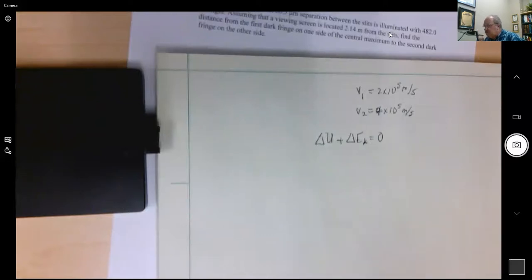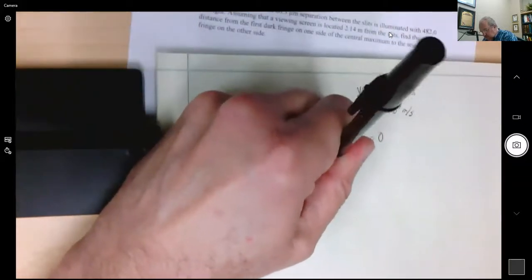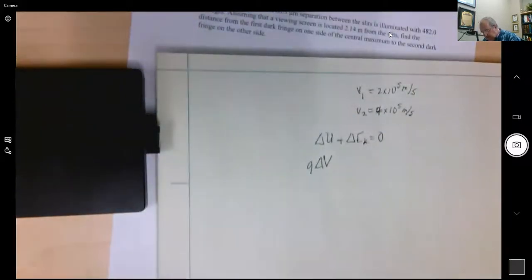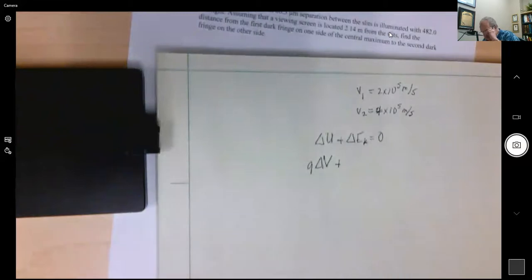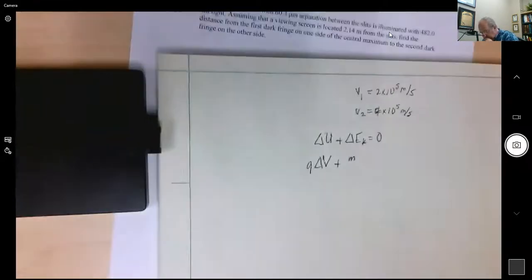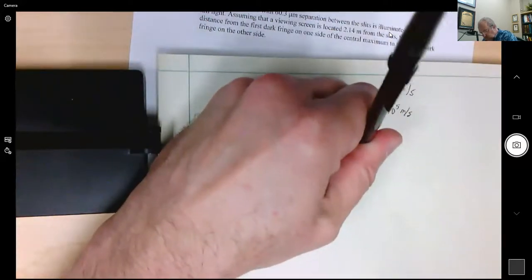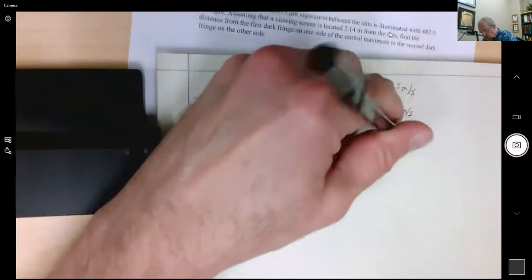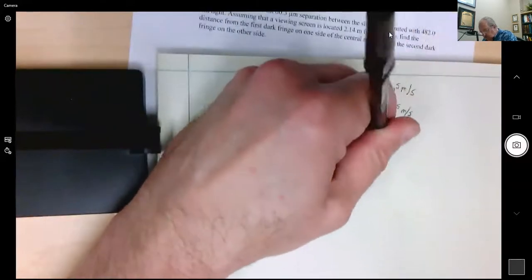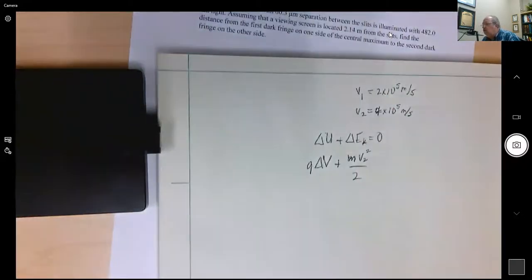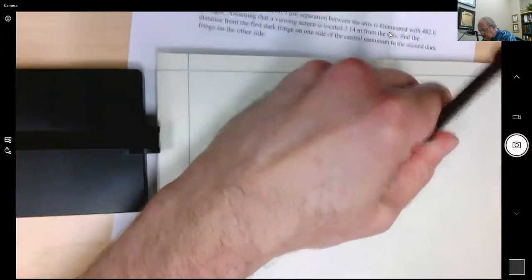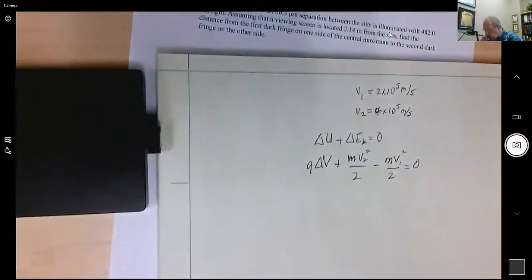Okay, so delta potential energy is just going to be Q, the charge of the proton, times the change in voltage, or the change in potential, plus delta kinetic energy is just going to be the mass times velocity 2 squared divided by 2 minus mass times velocity 1 squared divided by 2 equals 0.